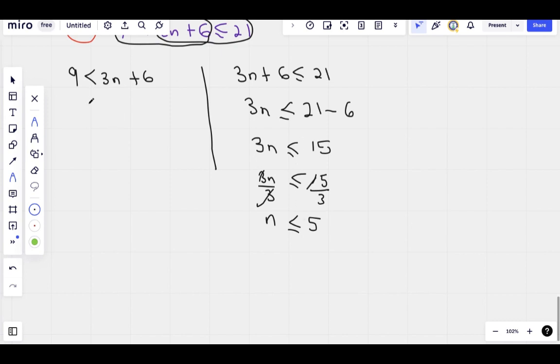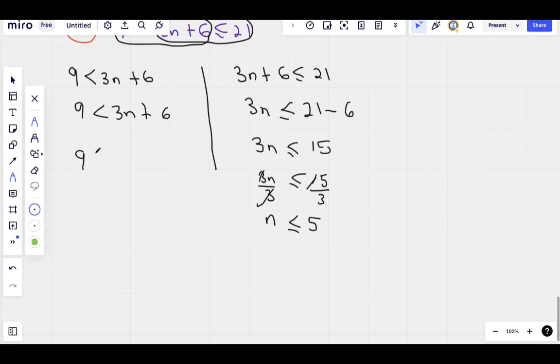Now let's do the left part. The left part here we have 9 is less than 3n plus 6, right? So we also collect like terms. So we bring 6 to join the 9.